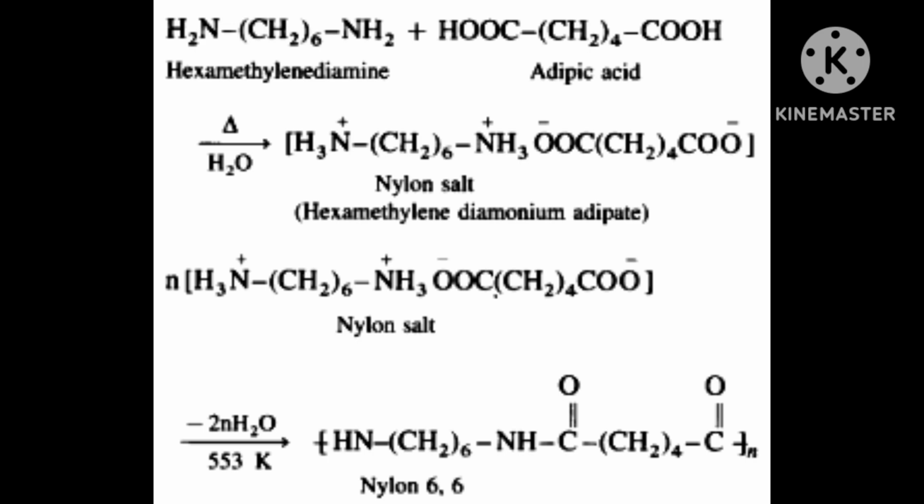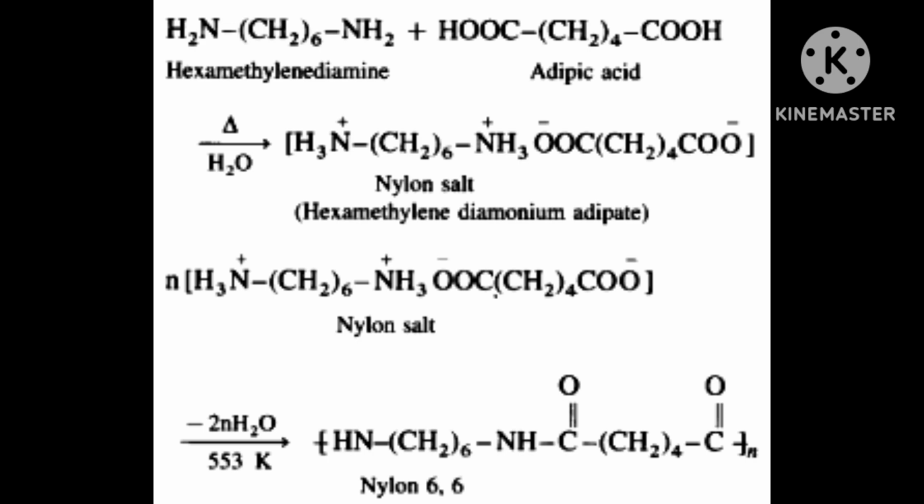Okay, these are from amino acids also you can get, from diamine also you will get. But when you are using diamines, you should use dicarboxylic acid. When you are using amino acid, then that time you can use lactams.